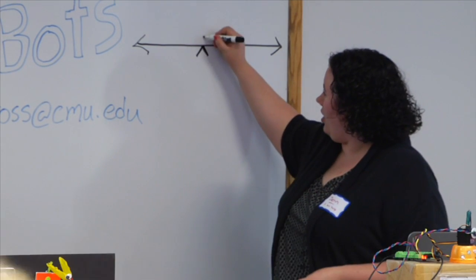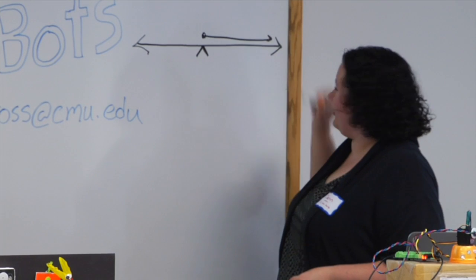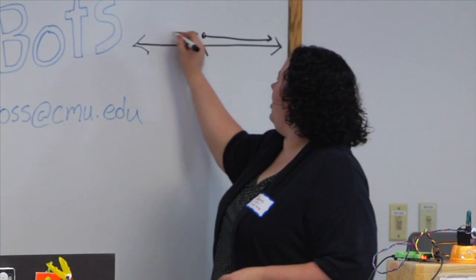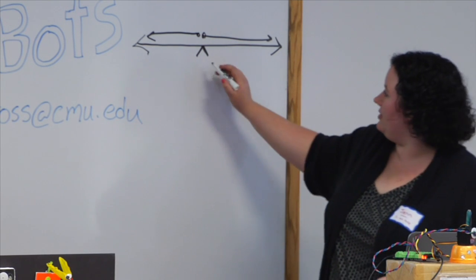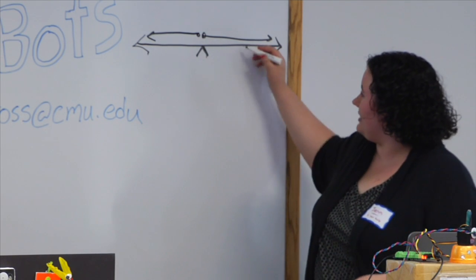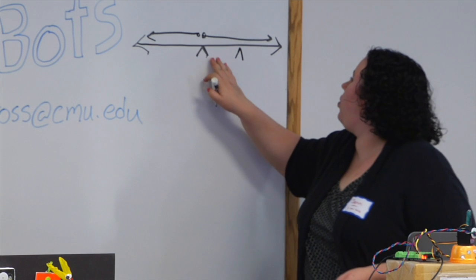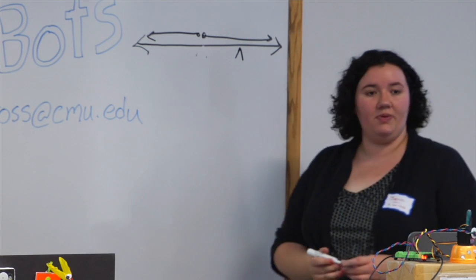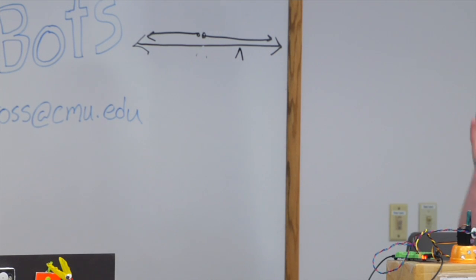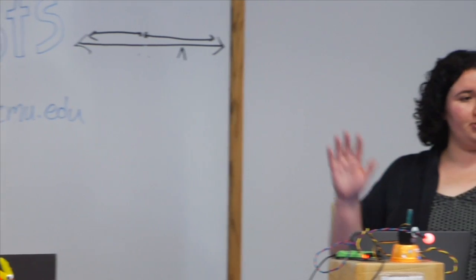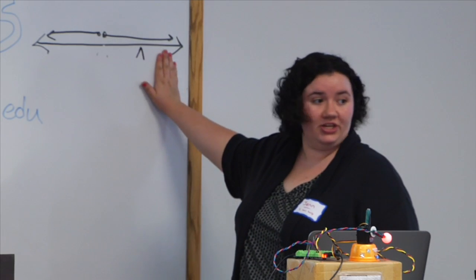And you can say all the numbers greater than that number and all the numbers less than that number. And this little point here that we've set, and we can set that anywhere, is what we refer to as a threshold. And so that's like the threshold, the decision point, where the robot changes from doing one action to a different action.